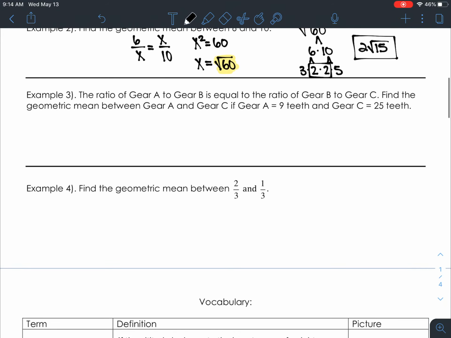All right, let's try example 3. It says the ratio of gear A to gear B is equal to the ratio of gear B to gear C. Find the geometric mean between gear A and gear C if gear A is 9 and gear C is 25. So we're essentially just finding the geometric mean between 9 and 25.